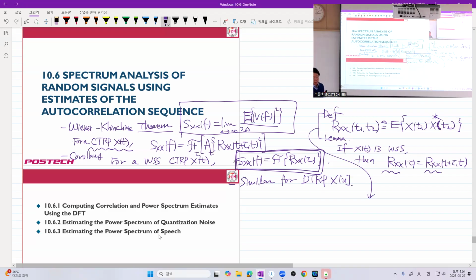And this is quite often used in estimating the power spectral density of a random process. How? Well, we do not replace the Fourier transform, but we replace this again, statistical averaging, in estimating the autocorrelation function.